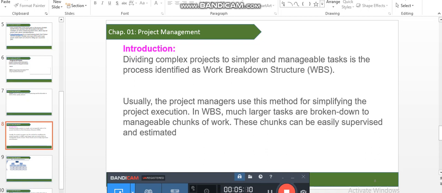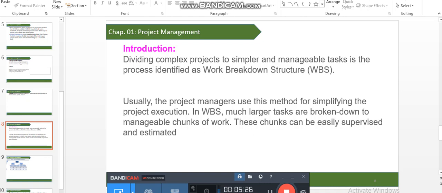Now, after the inputs and the tools and techniques, we have the output. In output, we have the work breakdown structure, a deliverable-oriented hierarchical decomposition.